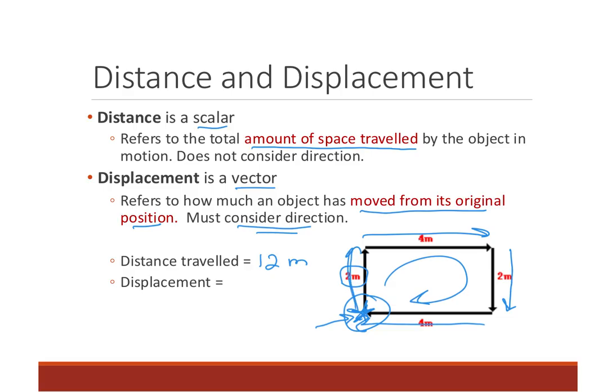When you moved north and then you moved south on the other side of the rectangle, that northward movement was canceled out, and the same thing is true of the east and west movement. And so the displacement was actually 0 meters. Even though you spent some energy and time walking a 12-meter rectangle, the perimeter of a 12-meter rectangle, your displacement was 0. You didn't go anywhere. You came back to that original position.